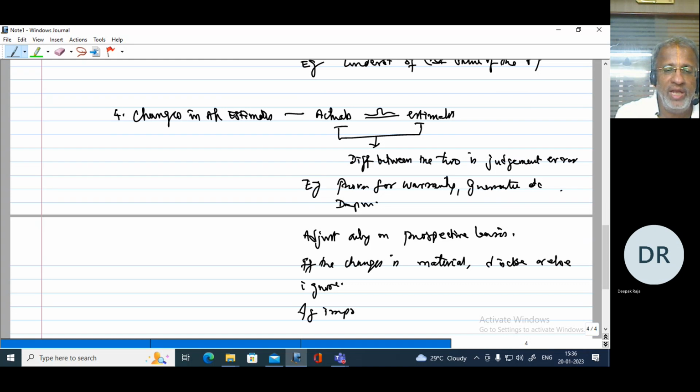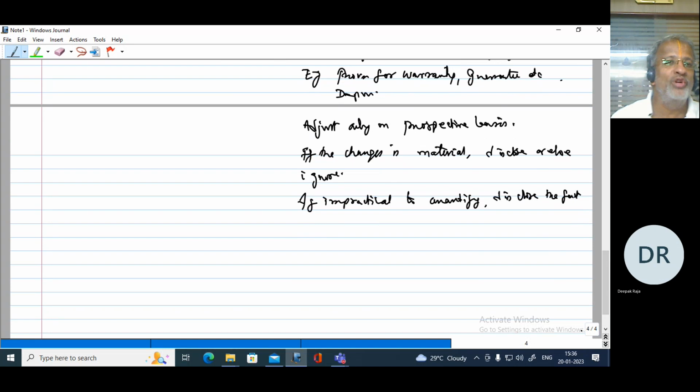If impractical to quantify, disclose the fact. Sometimes we may not be in a position to know what is going to be the court judgment, so we will not be in a position to provide clearly. So we have to state that.